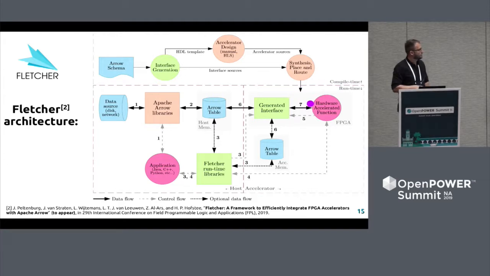Now, if you don't use CAPI, but you don't have some sort of shared memory system, then you still have to copy this table on board to the accelerator card, right? But if you use CAPI, you can directly pull it into the accelerator kernel. Now, our runtime libraries take care of that. All right, so this is the general overview of the framework.